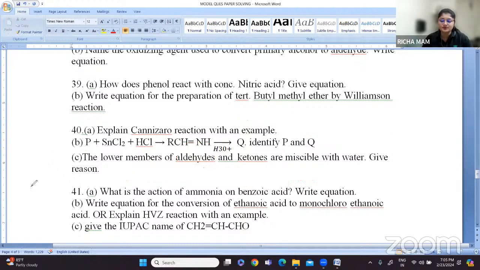Because they form hydrogen bonds with water. So the lower members of aldehydes and ketones are miscible in water because they form hydrogen bonds with water.